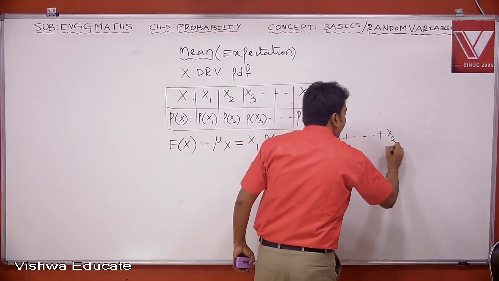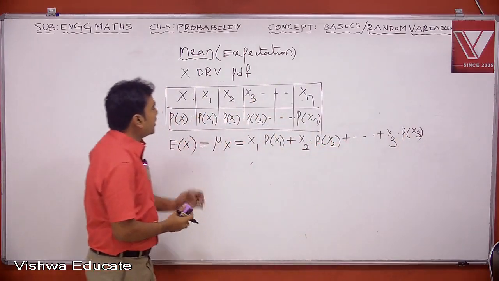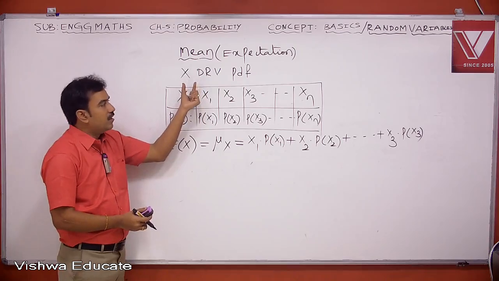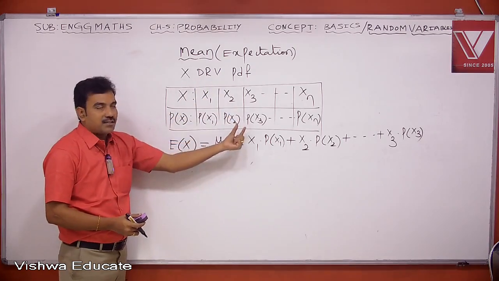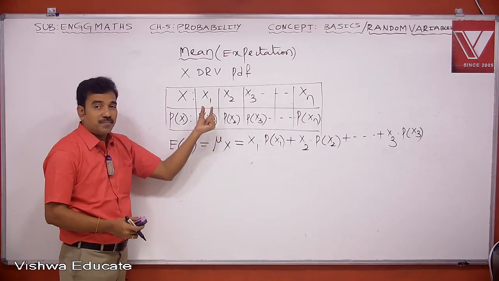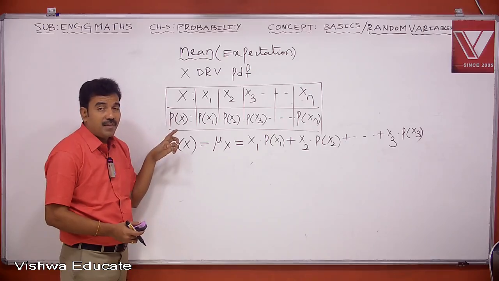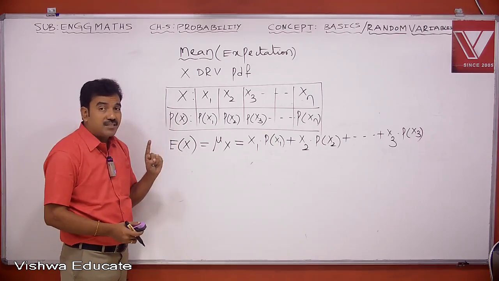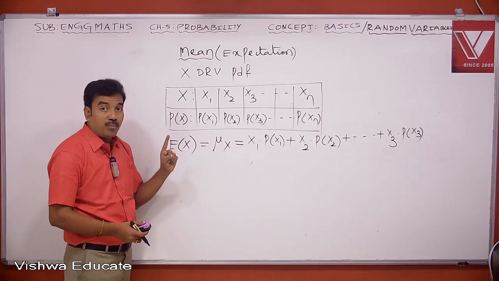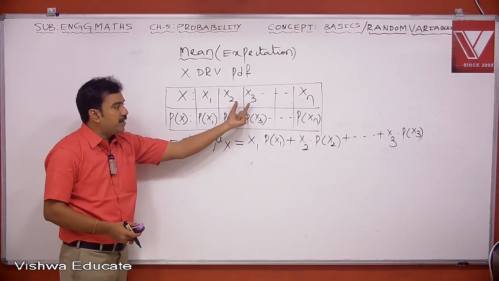So this is my DRV, discrete random variable, whose PDF is given like this. Since it is a discrete random variable, it takes finitely many sample points. But sometimes even if it takes infinitely many sample points, if all the sample points are integer points, you can apply DRV properties, no issues. So here x is a DRV with a PDF like this.